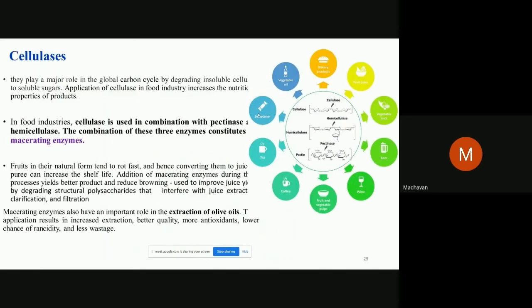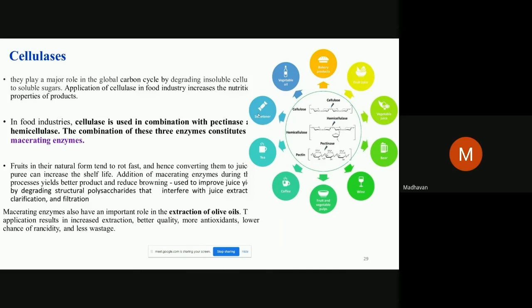Okay, come to the cellulases. Cellulases have a lot of applications. Cellulase has been widely used for biofuel production. What does it do? Cellulase plays an important role in the global carbon cycle by degrading insoluble cellulose into soluble sugars.